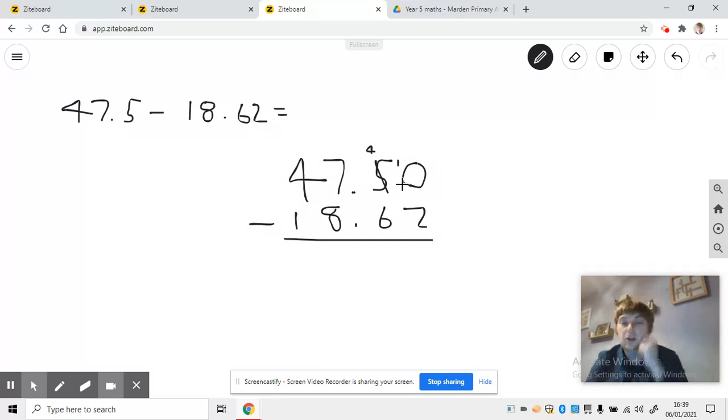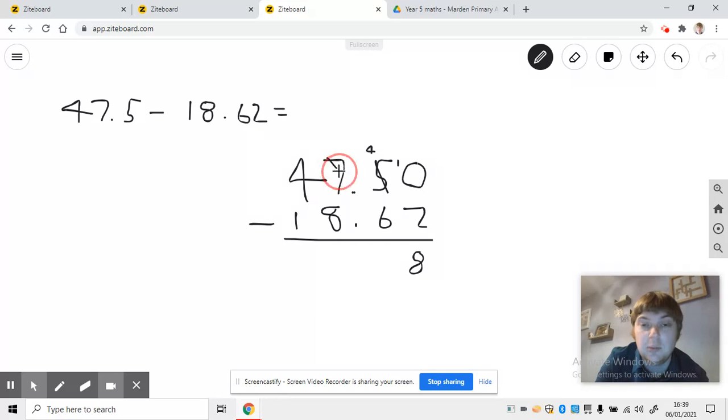And then we can do 10 subtract 2, which gives us 8. 10 hundredths take away 2 hundredths is 8 hundredths. We then now have 4 tenths take away 6 tenths, but that doesn't work. So again, we're going to have to exchange.